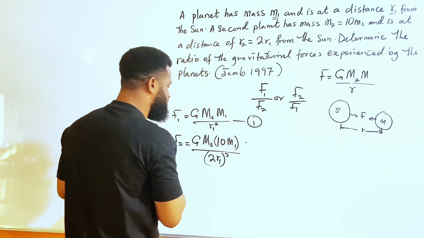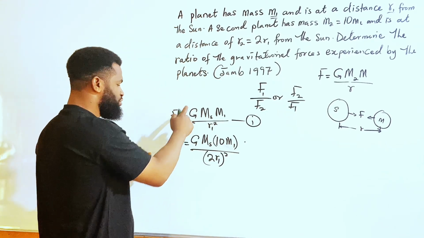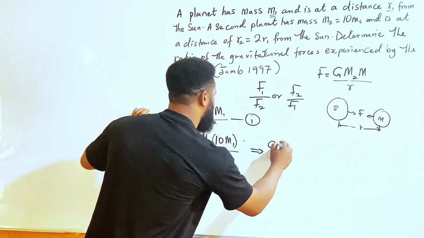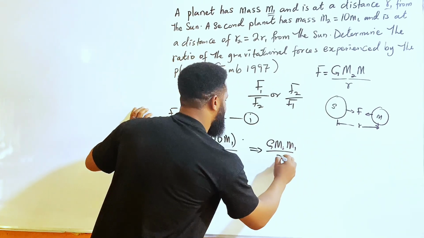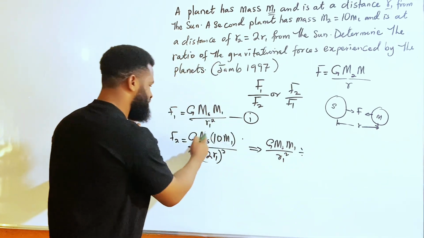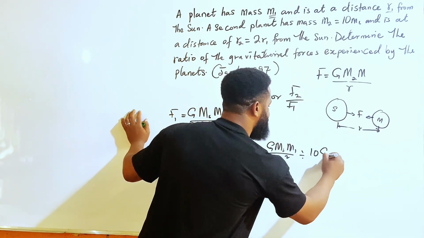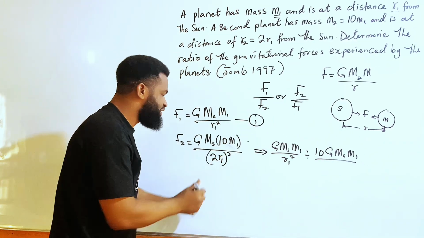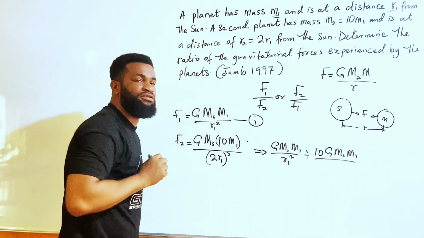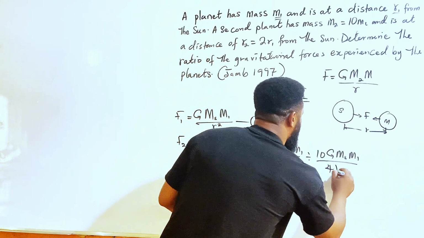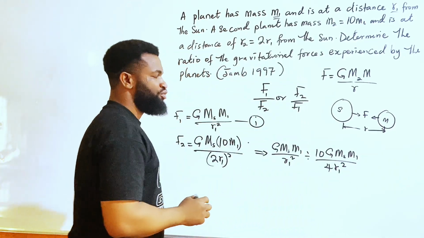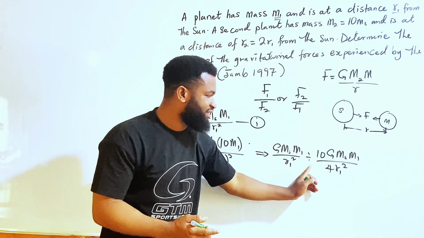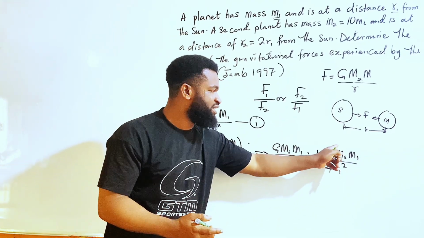At this point, I'm going to take this all over this. This implies that G ms m1 over r1 squared, divided by 10 G ms m1 over, when I square this, 2 will be squared and r1 will be squared, so I'm going to have 4r1 squared. According to the fraction, I'm going to remove this divisional sign, carry this up, and bring the numerator down.